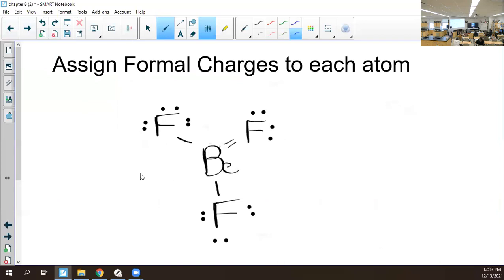Here we go. I want you to look at this real quick. Will you find the formal charge on all 4 atoms? I did write it down. My third one.